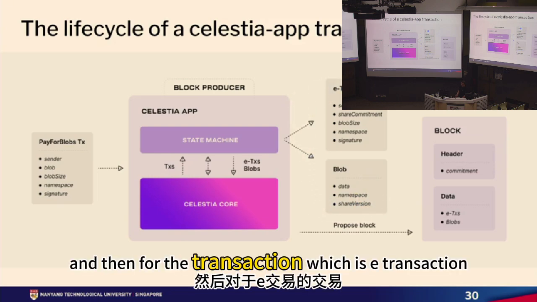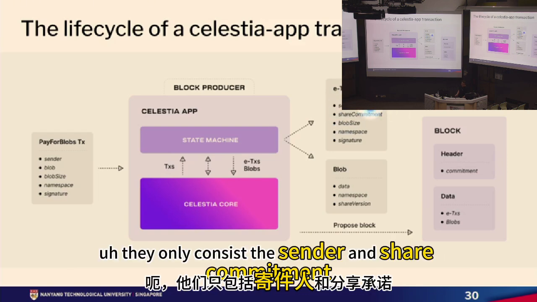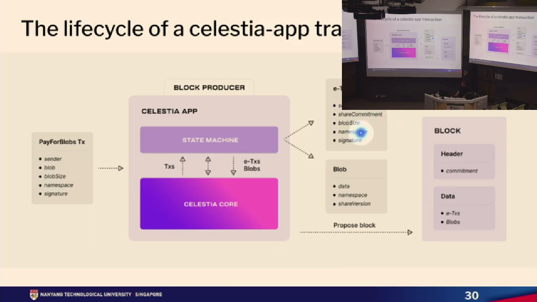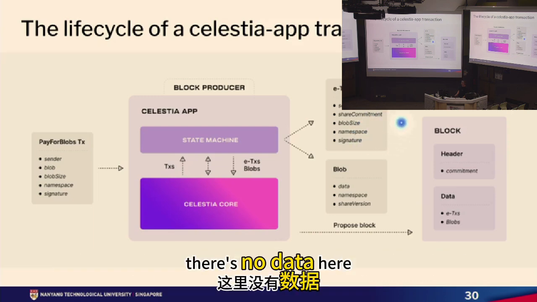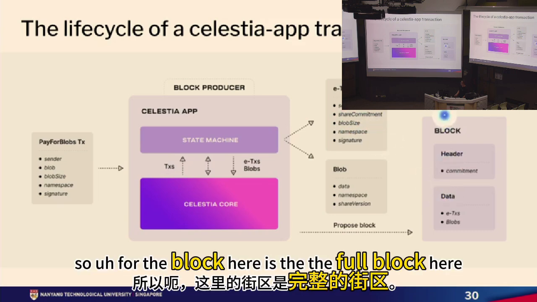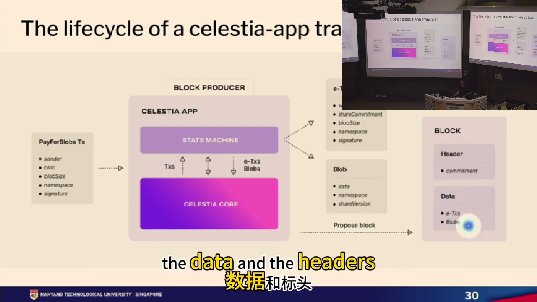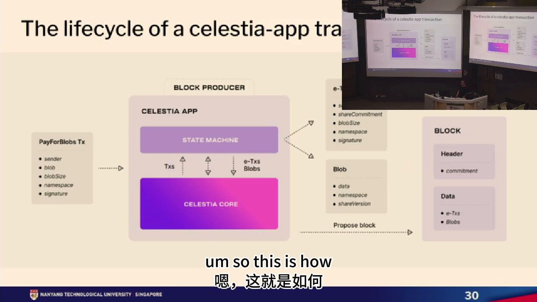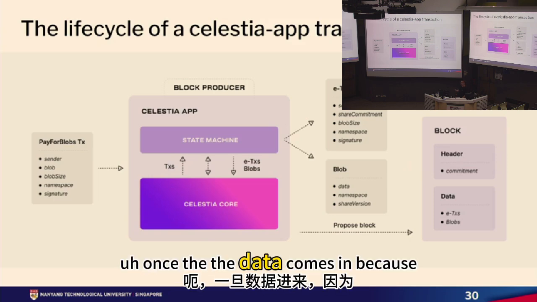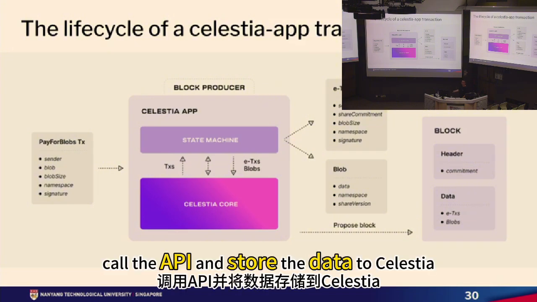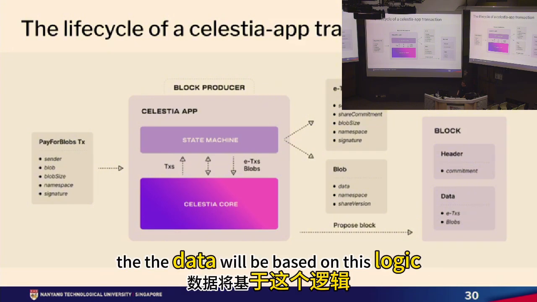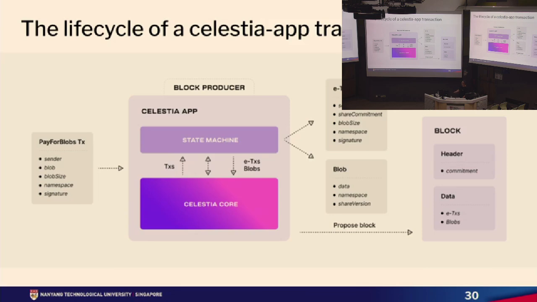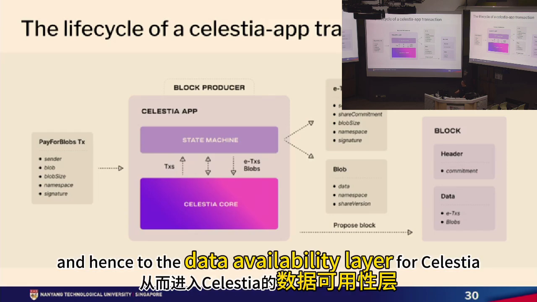Then the transaction only consists of the sender, share commitment, block size, namespace, and signature. There's no data here. The block here is the full block, which consists of all the data and the headers. Anytime you call the API and store the data to Celestia, based on this logic, the data is stored to Celestia core, and hence to the data availability layer for Celestia.